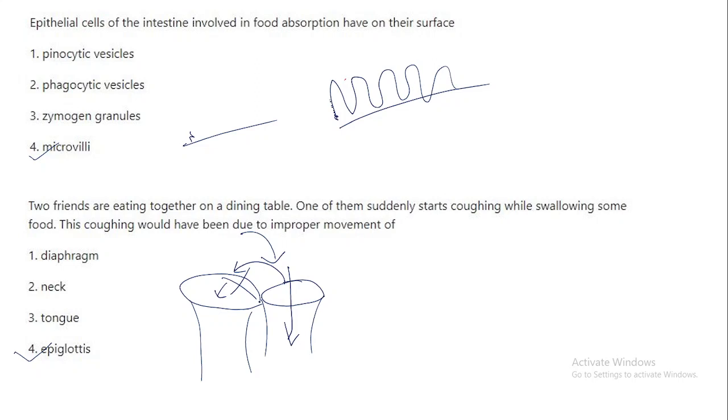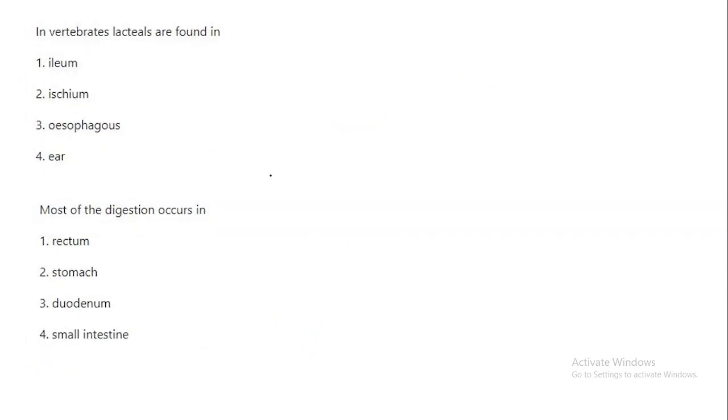For that, the epiglottis has to move properly. In case you sit and talk, there is going to be coughing, a reflex action by the trachea, because the food particle is not supposed to enter the trachea; the environment is not suitable for that. Let's move to the next one.